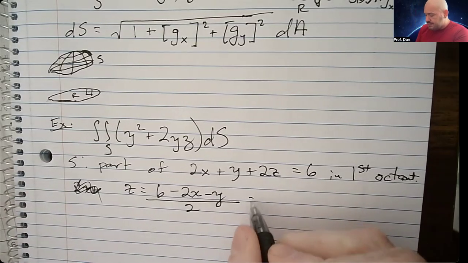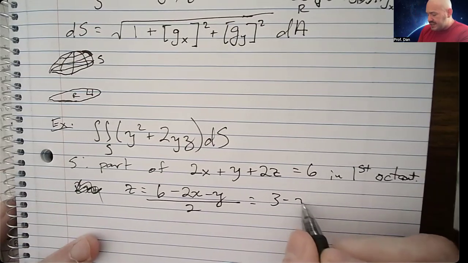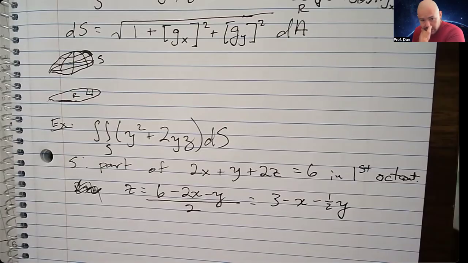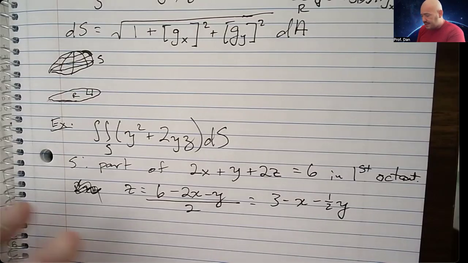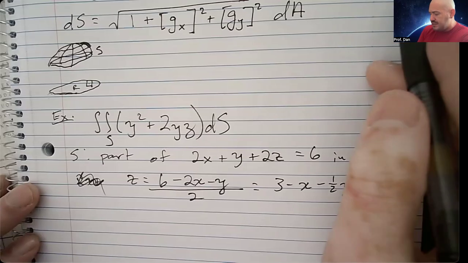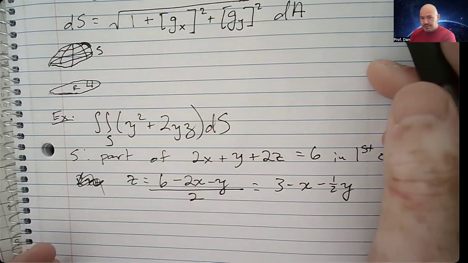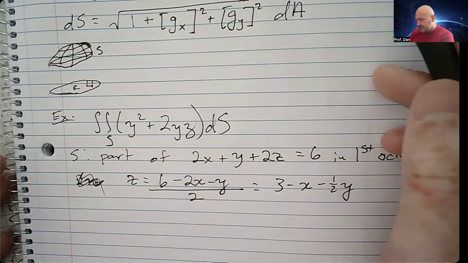Which you can also write as 3 minus x minus 1/2 y. So now that I have z isolated, I can set up this g of x, y and find its partial derivatives to figure out my differential.